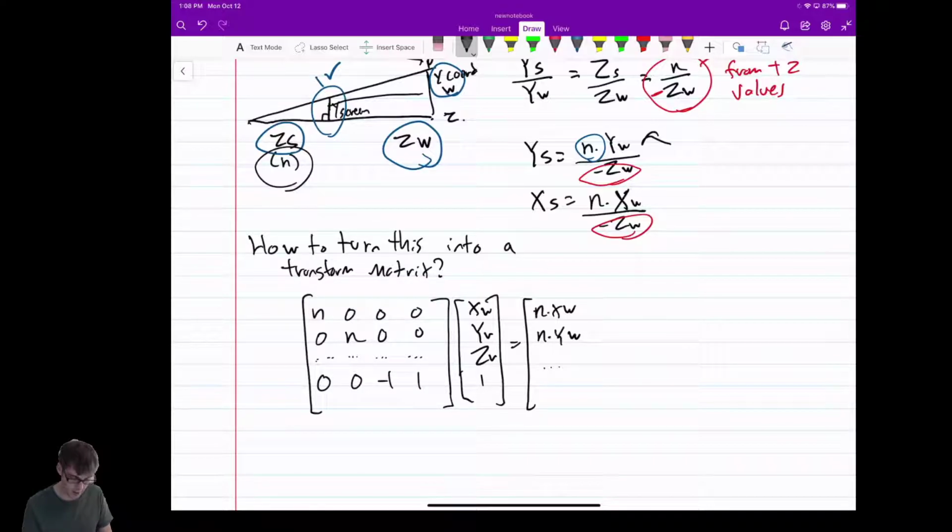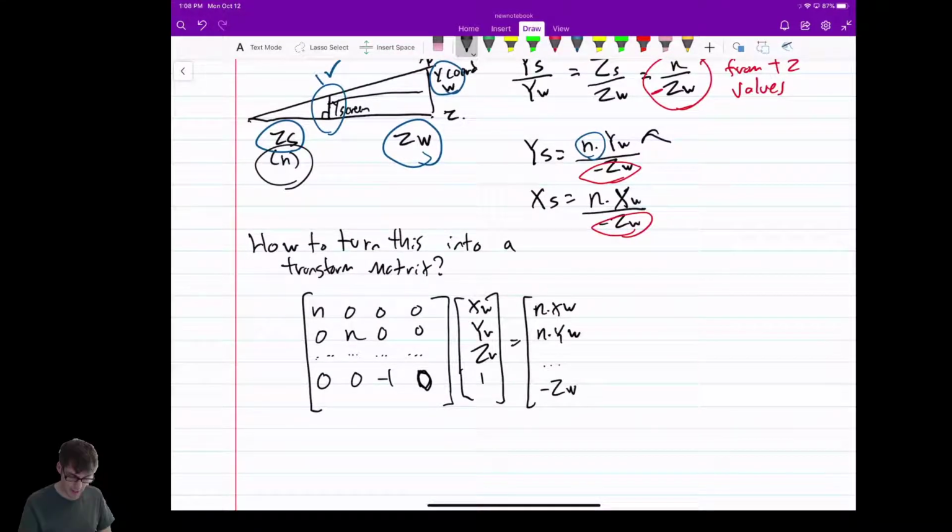The w coordinate is going to be negative zw. This actually should be a 0. Negative zw, so we don't add that 1 in there. All right. And then this equals n over n times xw over minus zw, n times yw over minus zw. We'll leave z for now, and then this is going to be 1.